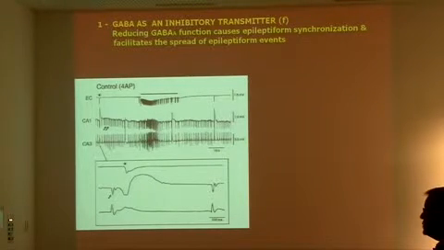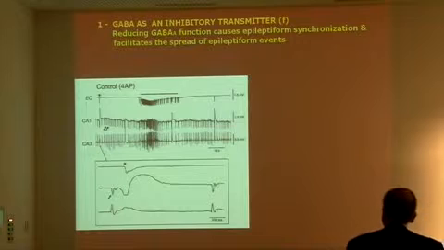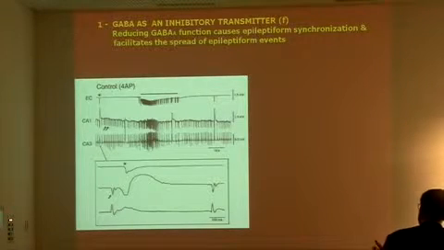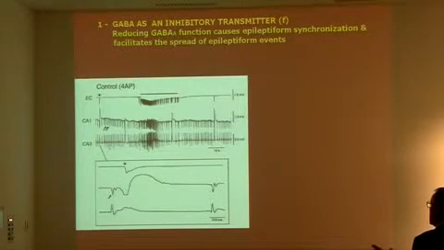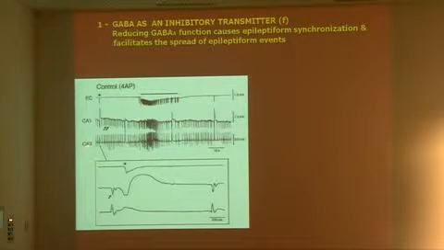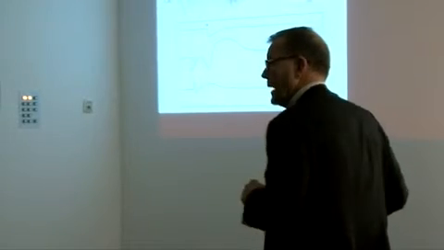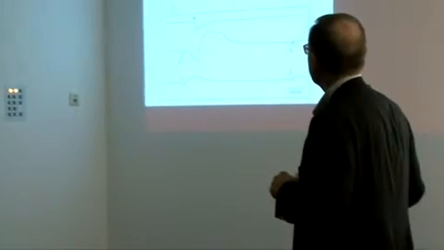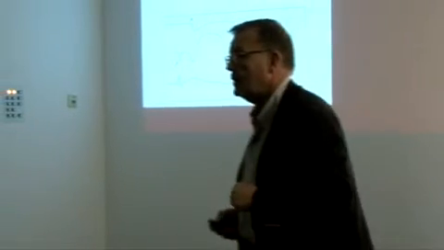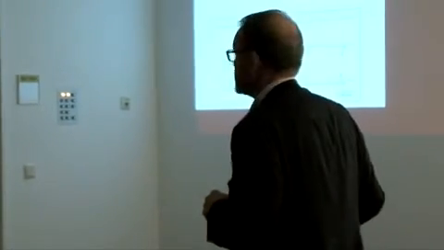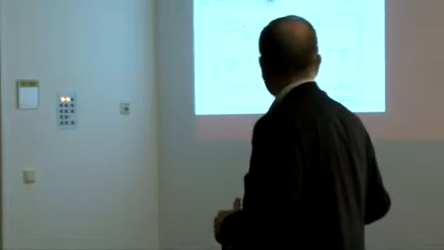We reproduce the EEG pattern in the slice, as you can see here. Now, this is a typical experiment, and what you see here is that CA3 interictal activity does not propagate to the entorhinal cortex, but just stops at the CA1 level.